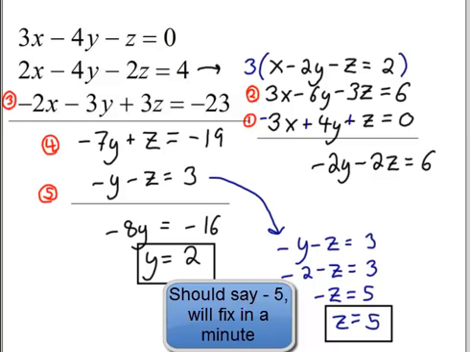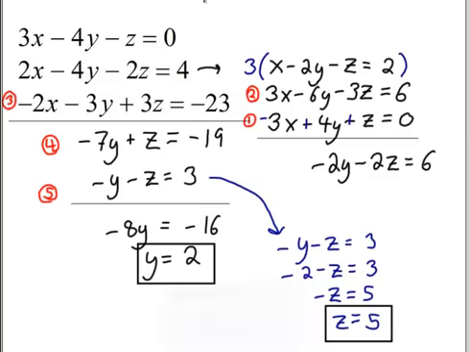And now we're almost done. We have two variables. We can solve for the third variable very easily. And it's an important note to make that you can use any equation with an x in it, and you can solve for it. So I can choose any one of these equations.